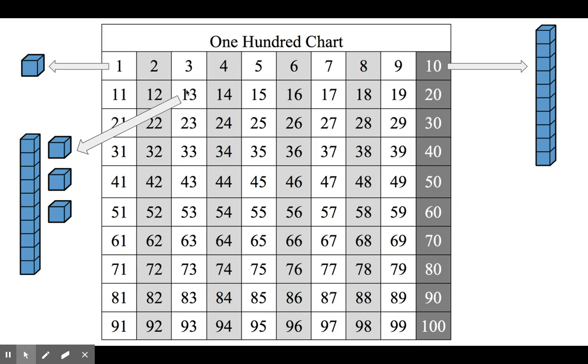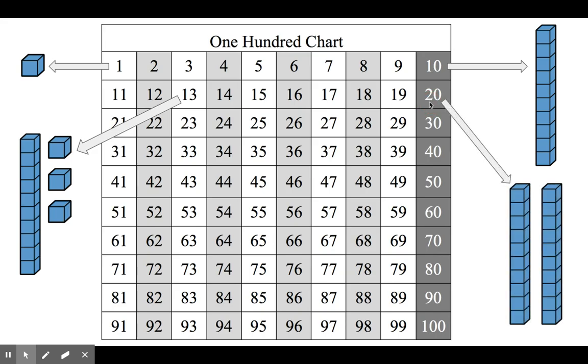The reason I'm saying 1 ten is that the number 13 has one group of 10 and 3 ones. Let's keep going. 1 ten 4, 1 ten 5, 1 ten 6, 1 ten 7, 1 ten 8, 1 ten 9, and 2 tens.